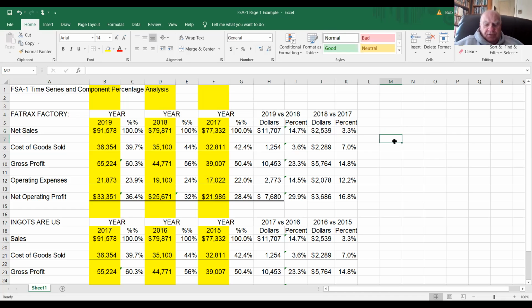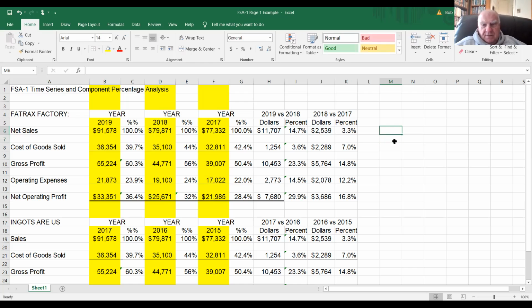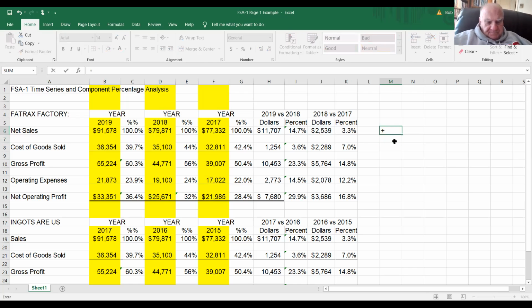Different ways to do that calculation, but may I suggest this method? Put it into parentheses, 91,578 divided by the next year, 79,871, close the parentheses, minus 1.